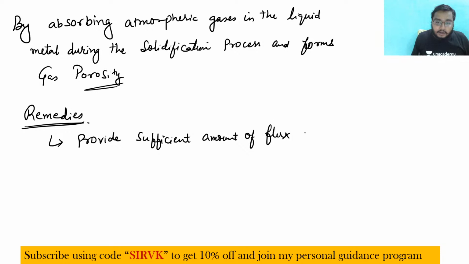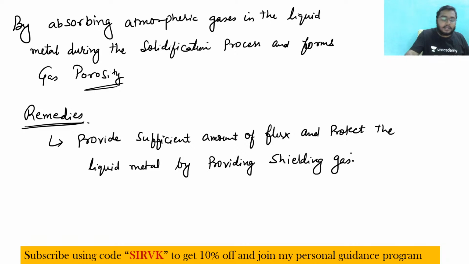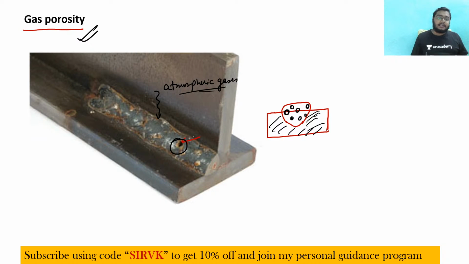And we can also protect the liquid metal by providing shielding gas. Okay, so whenever you provide the shielding gas, these kinds of defects will not form.